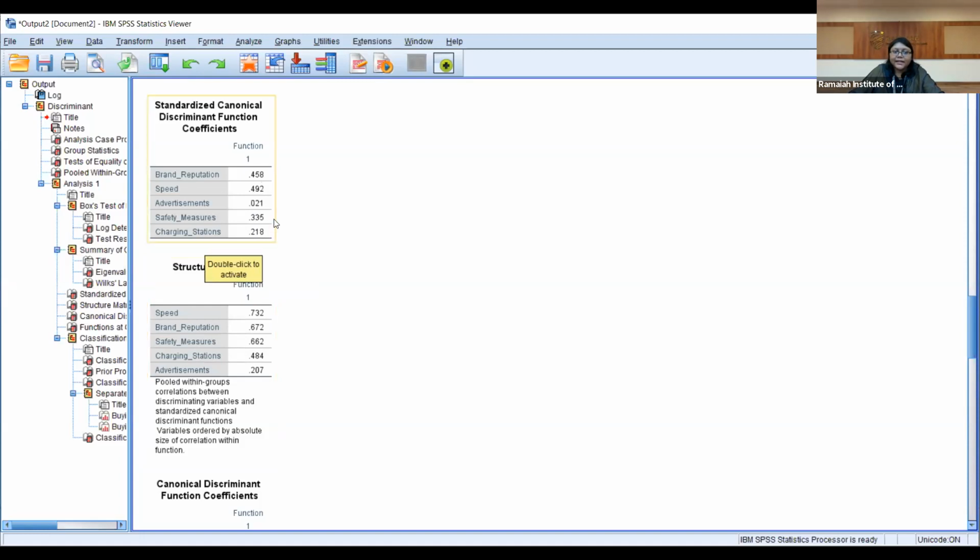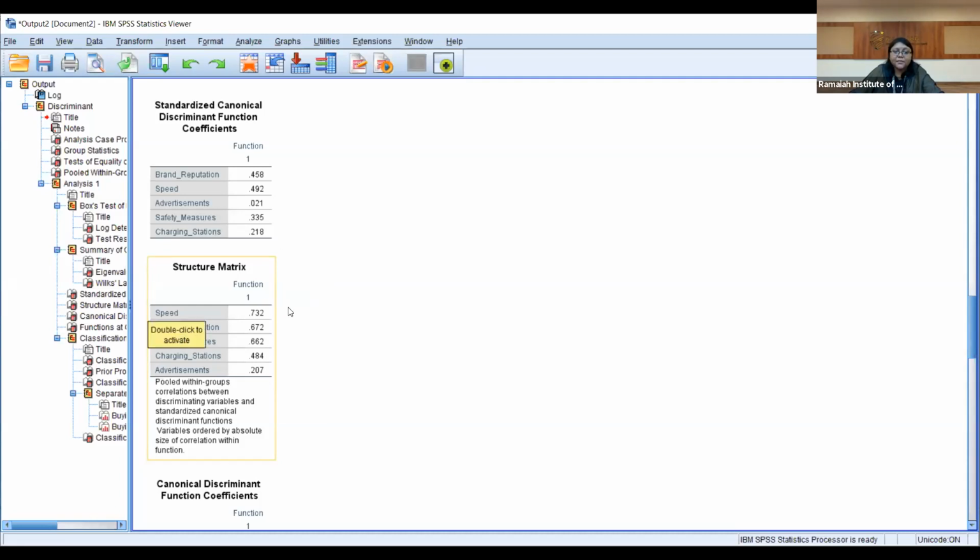The next one after 0.492 is 0.458, so the next component which should come is brand reputation. If you see here in the structure matrix, after speed, again it is brand reputation, which is 0.672. Now after 0.492 and 0.458, the next one is 0.335, which is your safety measures. That means in the structure matrix, it should come in a decreasing order. The next one is safety measures, which is 0.662.